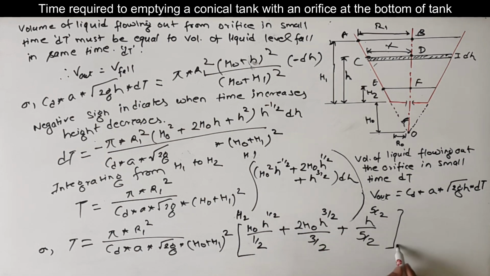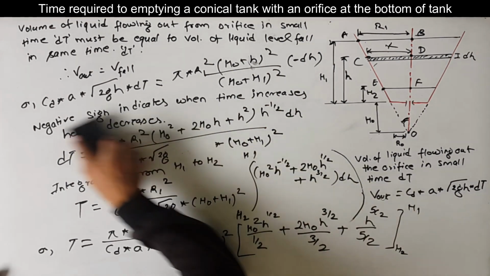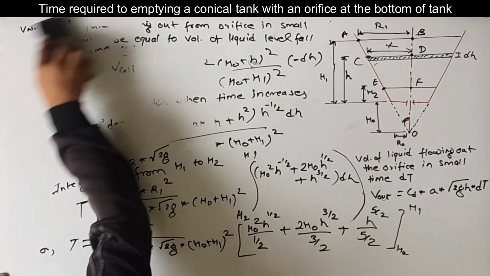So the limit is from h2 to h1. Now we can put in the values of h1 and h2.